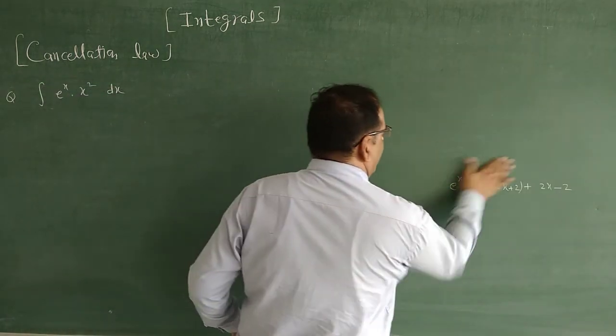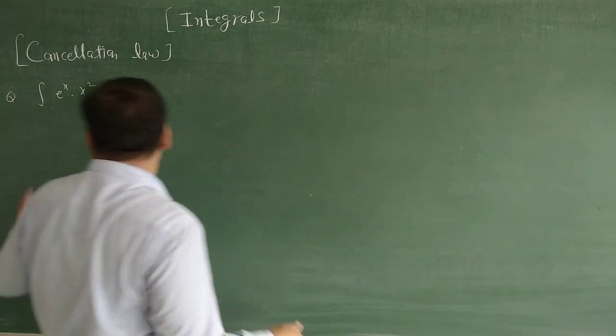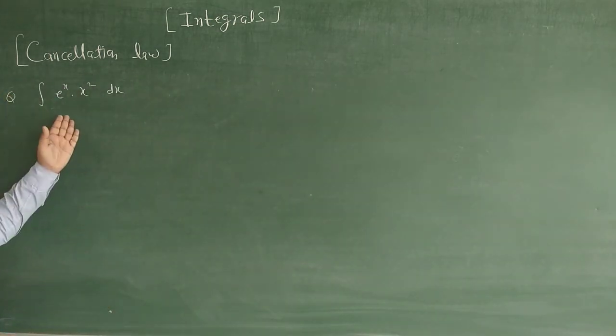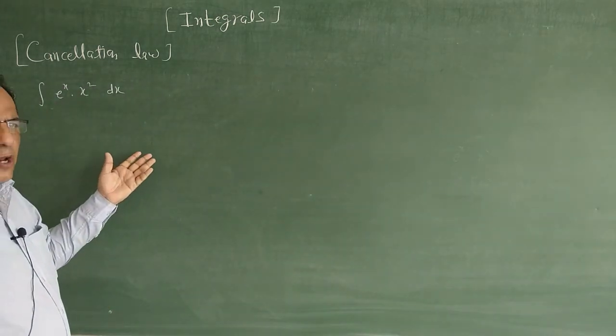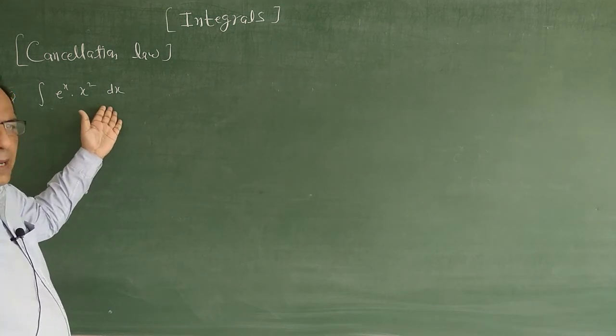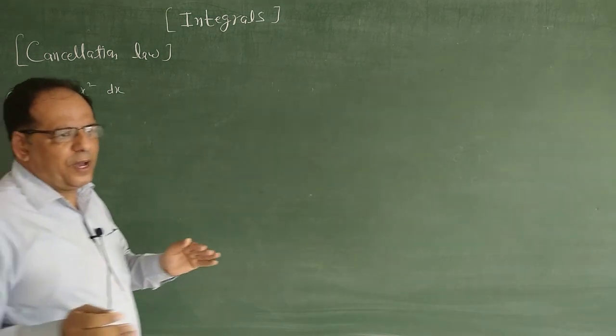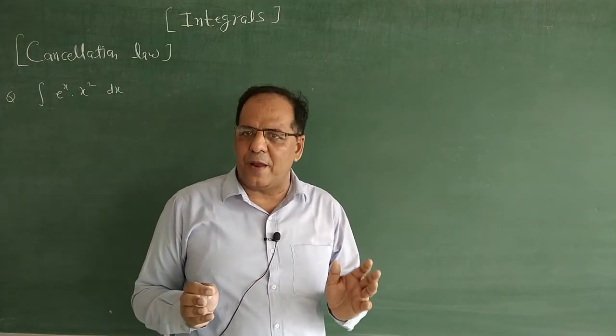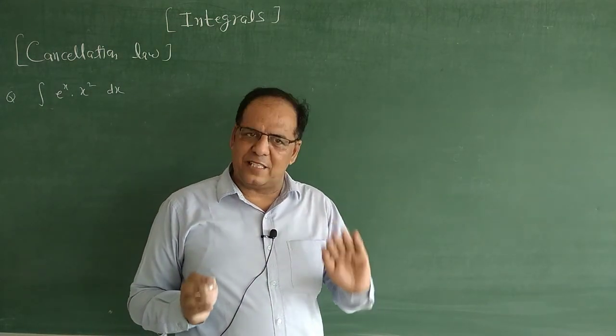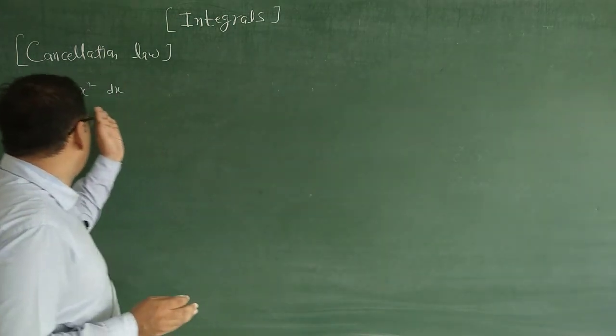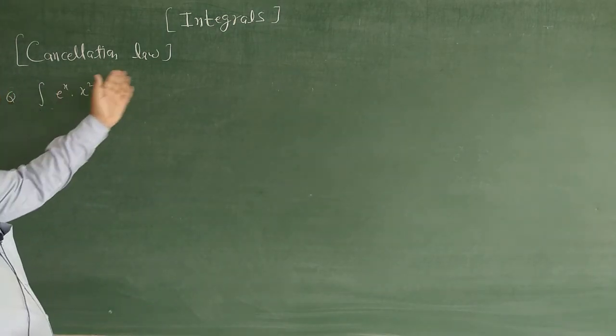Now I am taking one more question based on the cancellation law, and this question we normally solve by the integration by parts method, but if you are well aware of the cancellation law, then this type of question can be solved by the cancellation law.